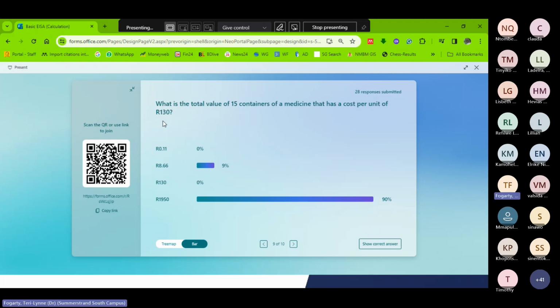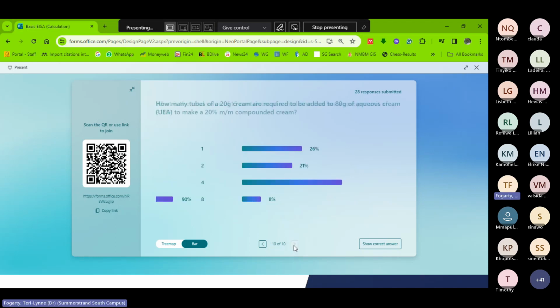Okay. What is the total value of the 15 containers? Not how much is 1 unit. It's the total value. Okay, so 15 times 130, the correct answer is 1950. And the last question.